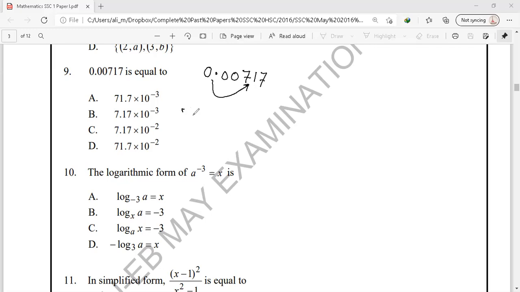So our expression would become 7.17 times 10 raised to the power minus 3, because we have shifted three digits towards the right, and whenever the decimal is shifted towards the right, we subtract 1 from the power of 10 for each shift. So the correct answer is 7.17 times 10 raised to the power minus 3, which is option B.